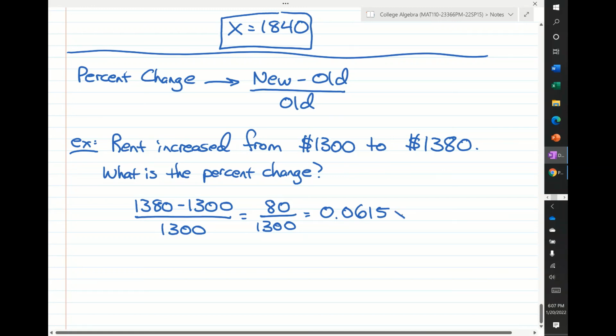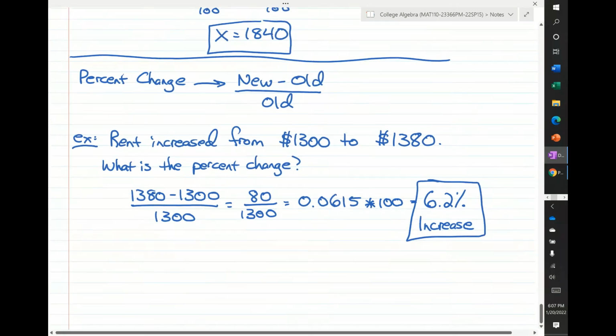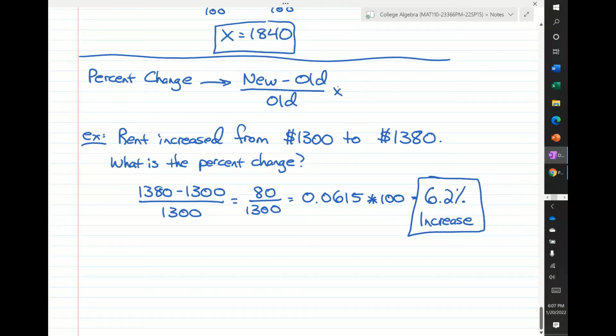If you just multiply that by 100, you'll get 6.2% increase. With percent change, you multiply by 100. If it's positive, it's considered an increase. If it's negative, it's considered a decrease.